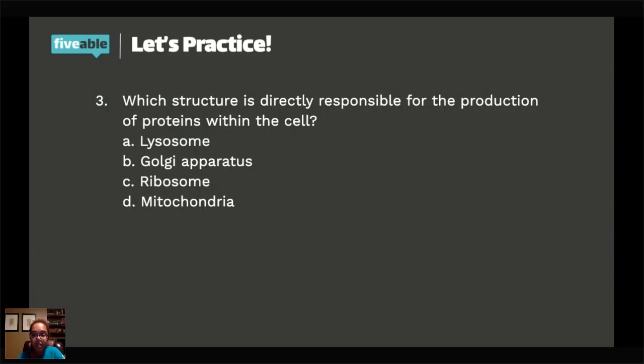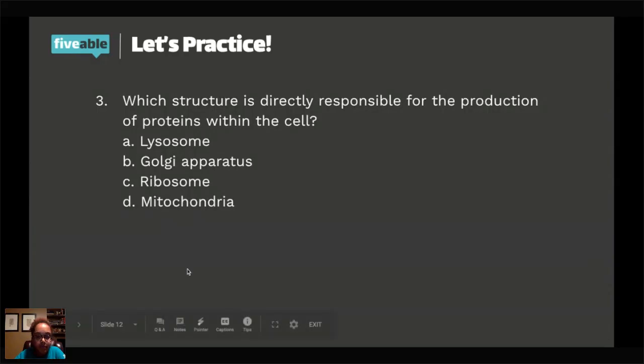They just package them and send them off. They're responsible for the packaging and export of proteins. And then mitochondria, I know, is unrelated to proteins. It's the powerhouse, responsible for cellular energy, producing energy in the form of ATP in the cell. So I would use process of elimination there.